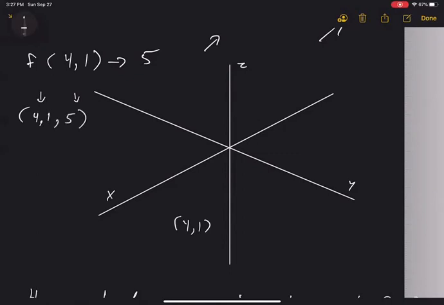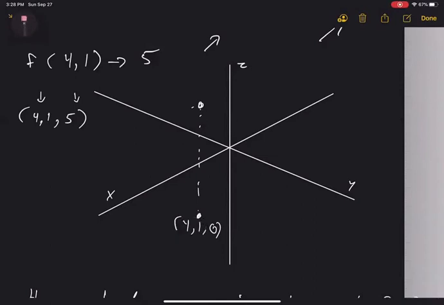So my graph at that point would be (4, 1, 5). The point (4, 1, 0) is the xy value (4, 1), and (4, 1, 5) is up here.